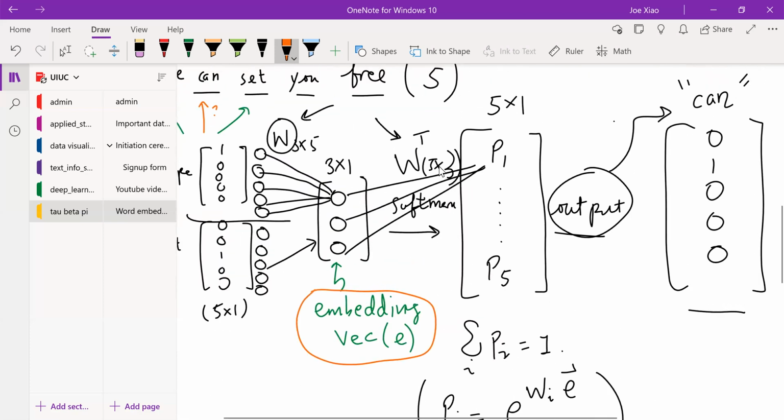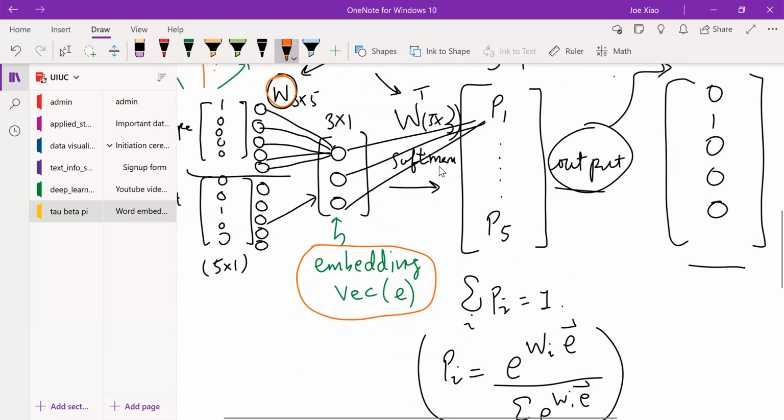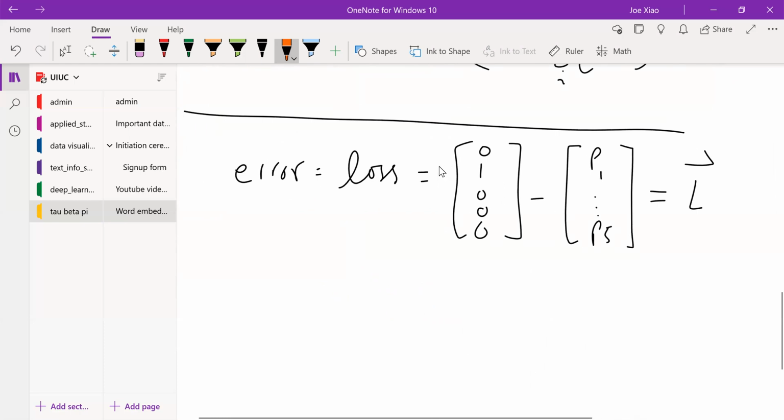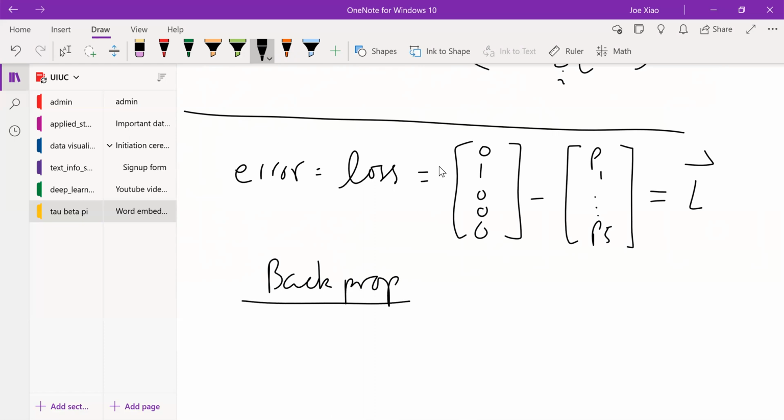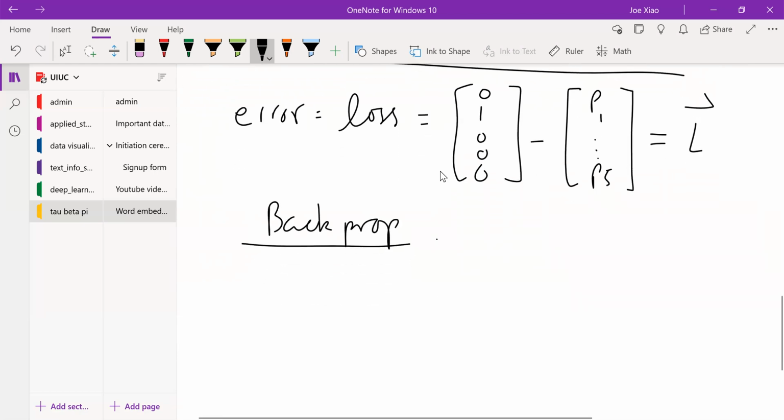So how do we adjust these weights? We use the loss. Essentially, this is a process called backpropagation, or backprop for short. Those that are familiar with deep learning, this should be very familiar to you. But essentially, for every weight, let's say Wi in the neural network, we want to adjust it in the following way.